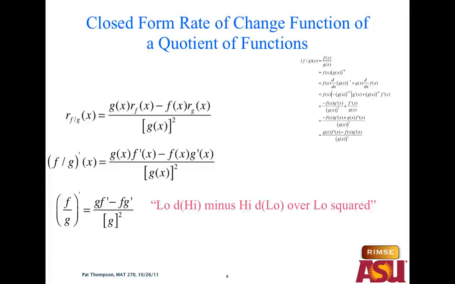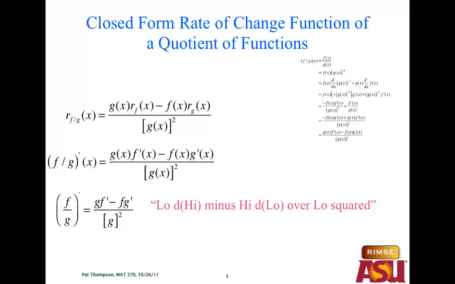Thinking of the denominator, just nicknaming it low, because it's down here, and the numerator high, there's this little chant: Low d high minus high d low over low squared. So low is our nickname for the denominator, high is our nickname for the numerator, and this little chant can help you remember it.